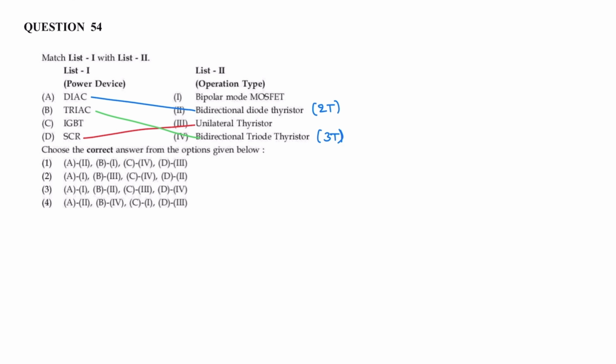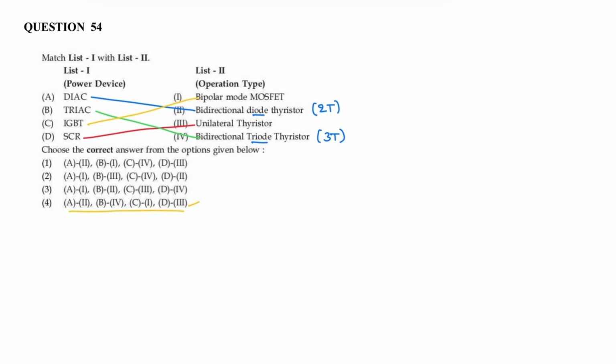Hence, the two-terminal device is the diac. Next, IGBT, insulated gate bipolar transistor. It is a bipolar mode MOSFET. Correct option is A2, B4, C1, D3. Correct option is 4.